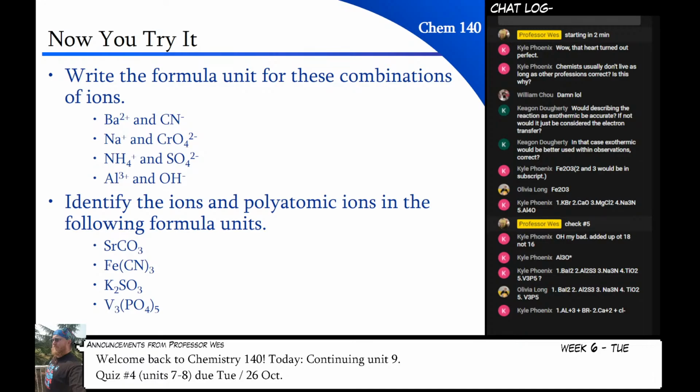Because if you don't know what the charges are, you can't figure out what the transition metal charge is for the iron or the vanadium at the bottom. Okay, so go and refer to those. They're at the start of Unit 6 if you need them. I'll give you 5 minutes to do that. We'll go over the answers, and then we'll finish off Unit 9 because there's a little bit after this left.